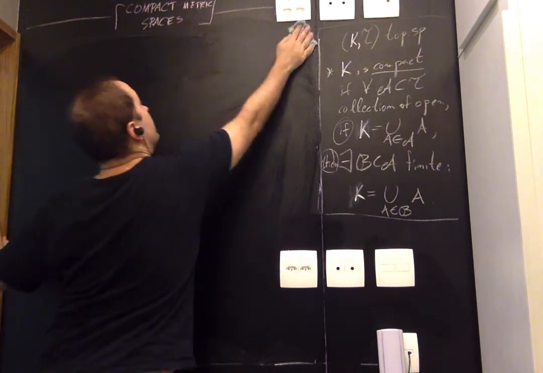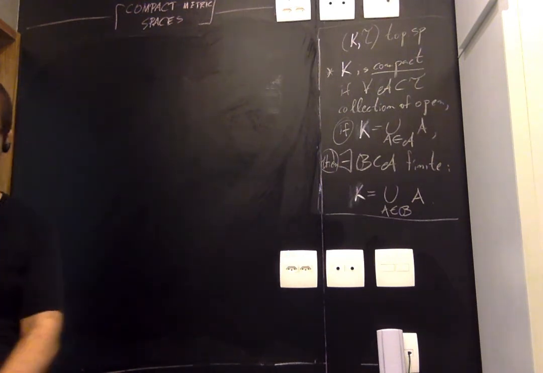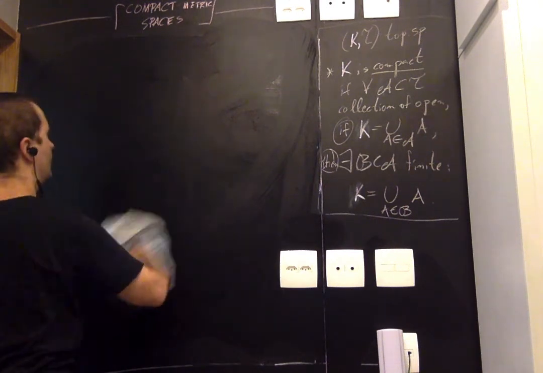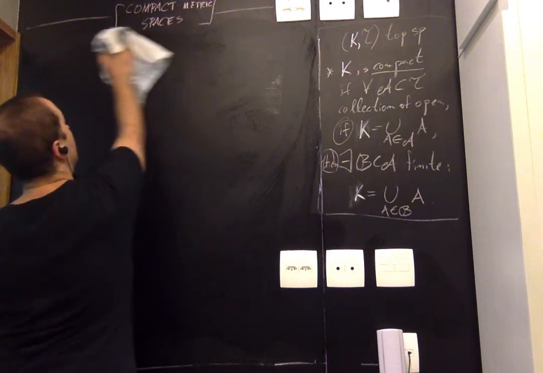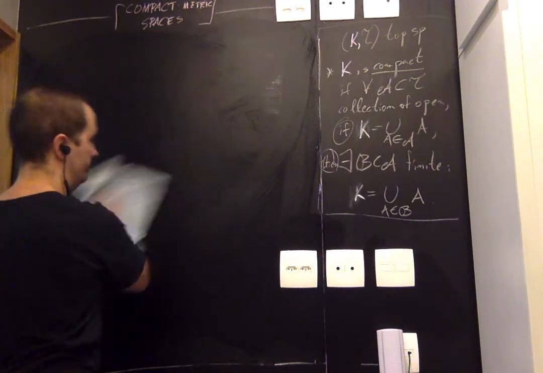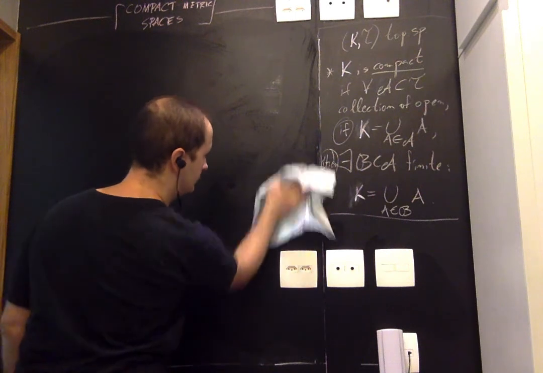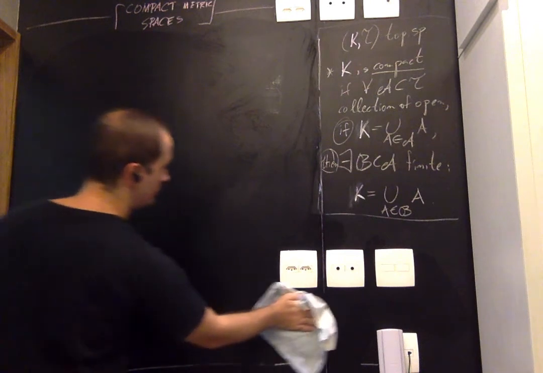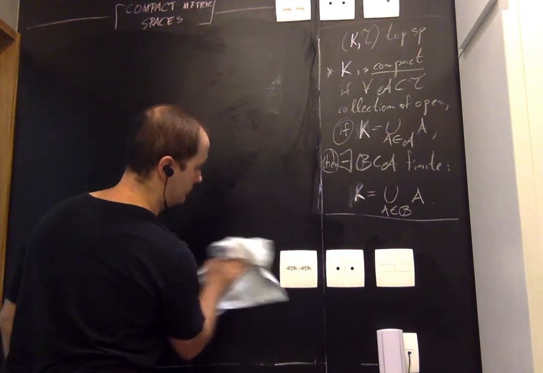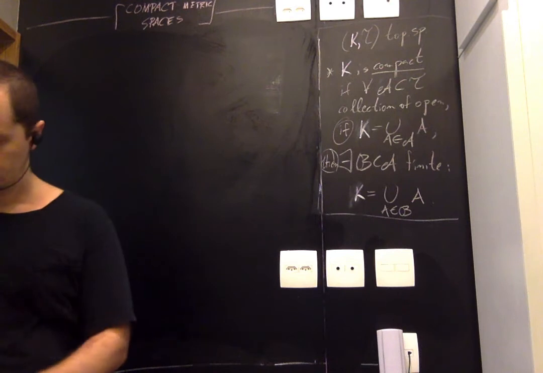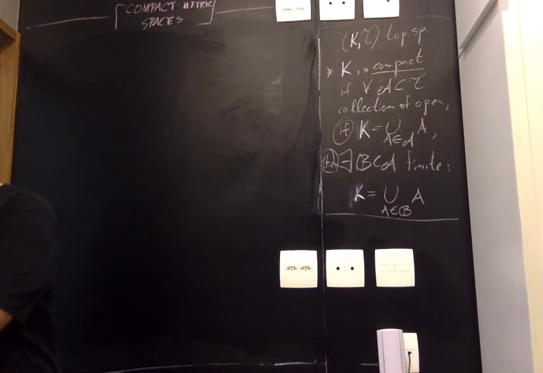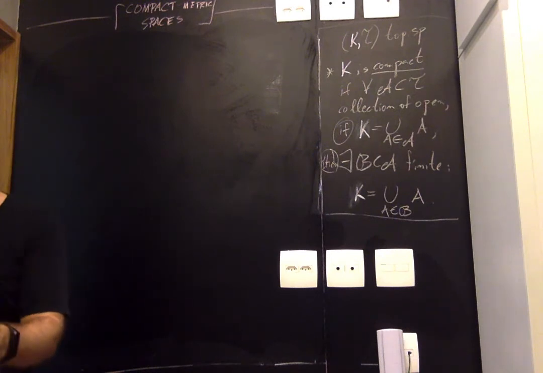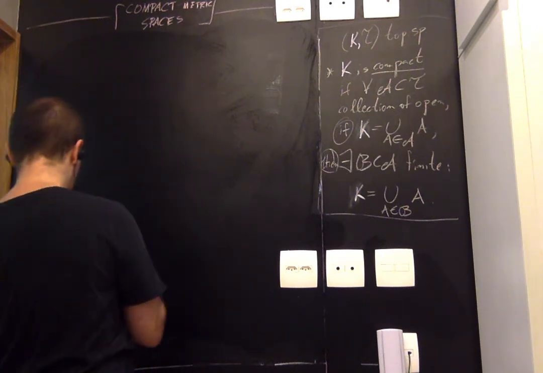So we're going to prove that in contrapositive form. I'm going to argue that if a metric space is not complete, sorry, I need to erase some more.